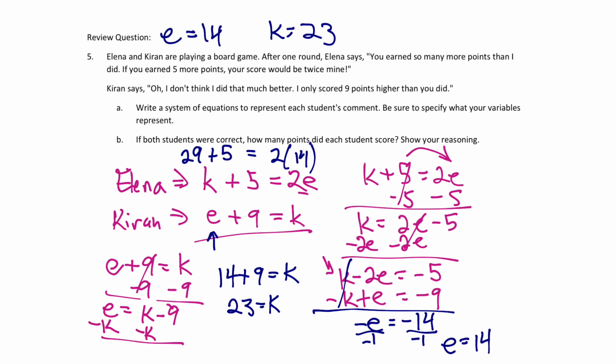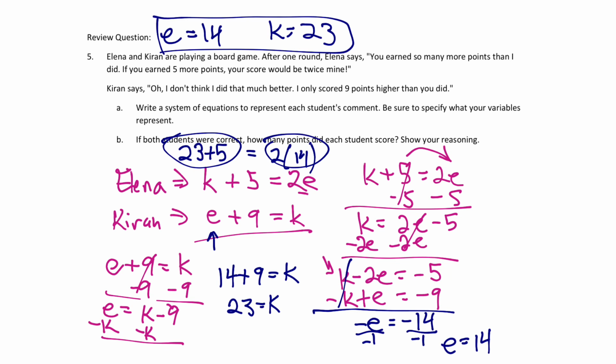Let me fix that. I was like, something's wrong here. Let's redo that. We have 23 plus 5, which works out much better, is 28, and 2 times 14 is 28. So both of those equations work. We know that Elena got 14 and Kieran got 23 points.